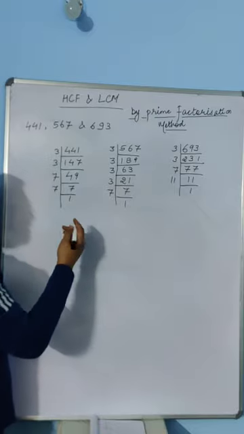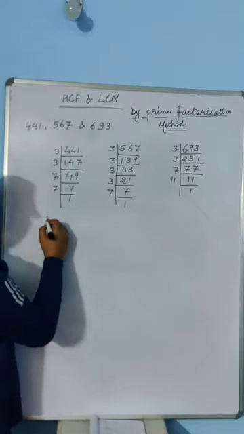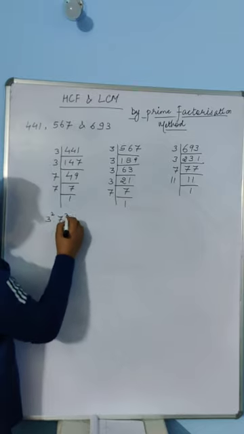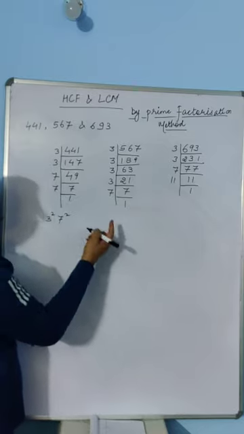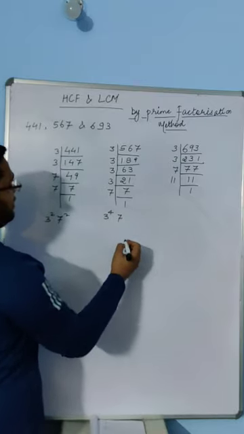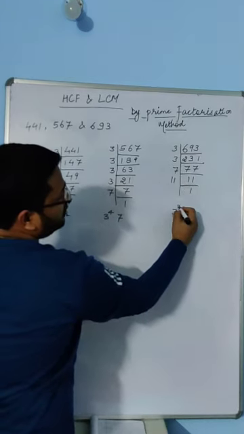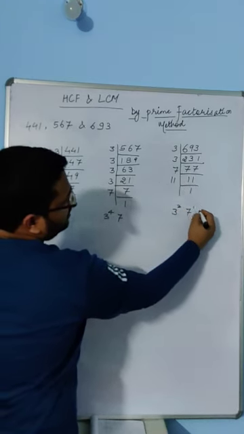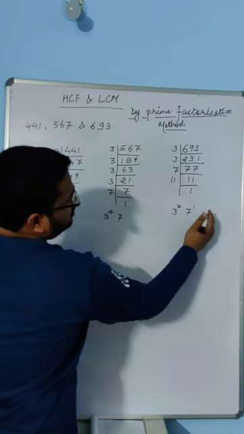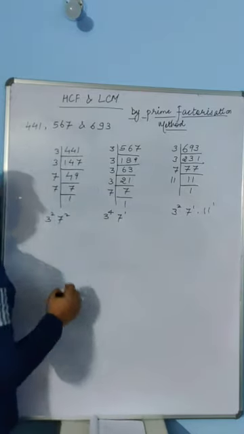Now I write it the way we used to: 3 is available twice, so you have 3 square into 7 square, because 7 is also available twice. Here you have 3 to the power 4 into 7, and here you have 3 square, 7 is just 1 time, and 11 is just 1 time, so 11 to the power 1.